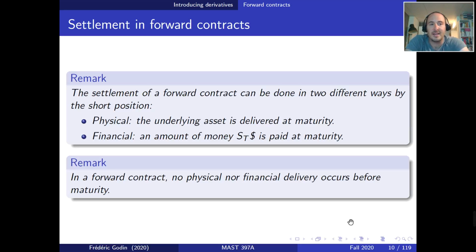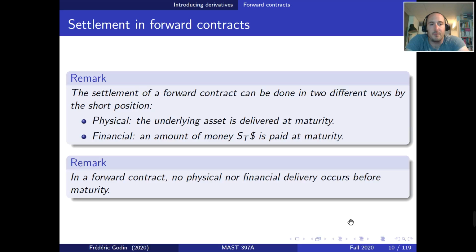The second type of settlement is called financial settlement. So instead of shipping the cereal, in a financial settlement, the short position would pay S capital T dollars at maturity. So let's say the cereals are worth $2,000 on the maturity date.